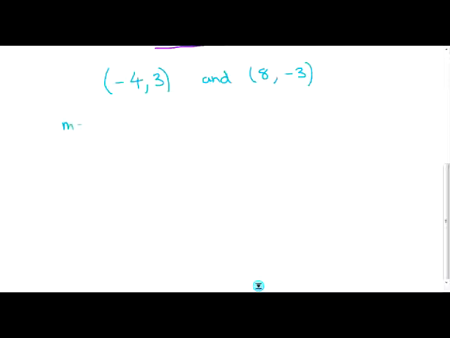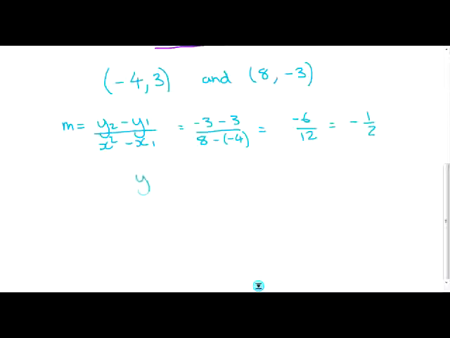So m is the change in y, or y2 minus y1, divided by change in x, which is the same. So we're going to have minus 3 minus 3, so that's going to be minus 6. And we've got 8 minus 4, which is 12, because the double negative is a positive, which is also the same as minus a half.